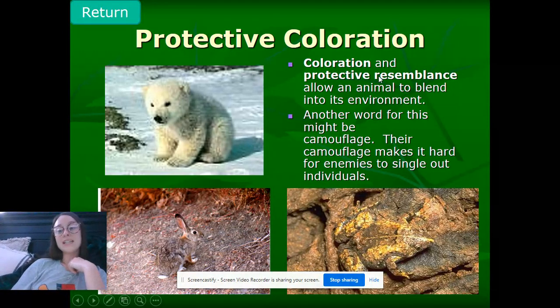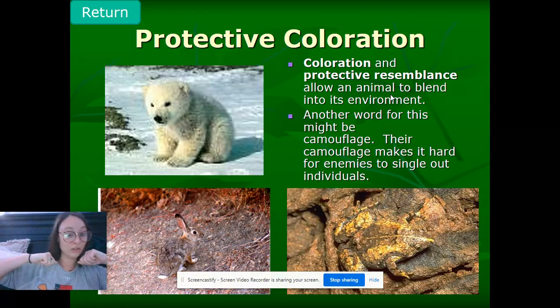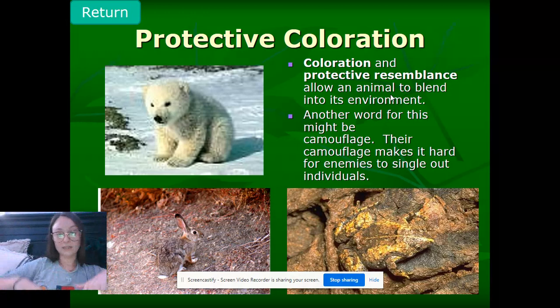Coloration and protective resemblance allow an animal to blend into the surroundings or their environment. So when we do protective coloration, we go blend. Okay. Another word that might be used, and you might have heard this, is the word camouflage. Can you say camouflage?